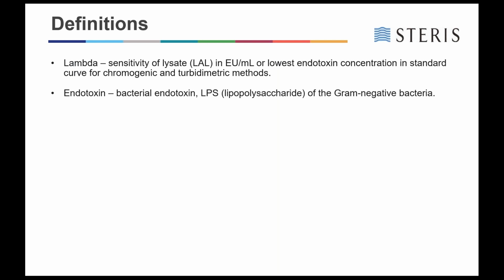And last but not least, endotoxin itself. When we talk about endotoxin, we refer mainly to bacterial endotoxins, which we already mentioned is a component from lipopolysaccharides in gram-negative bacteria.